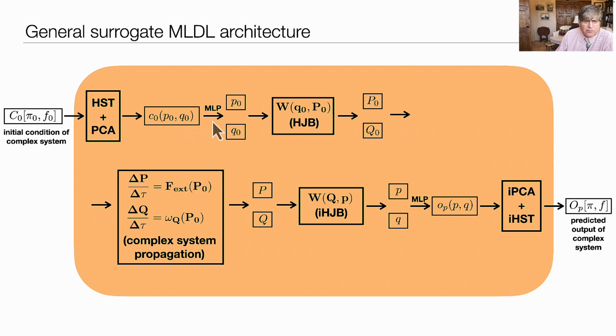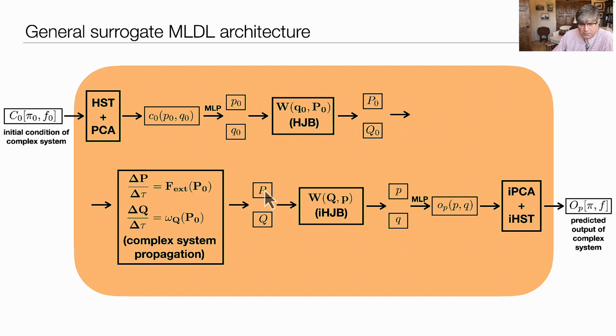You then have another MLP that extracts what the P's and Q's are from the initial condition, the initial P's and Q's. You then use this Hamilton-Jacobi transformation to get to the initial capital P's and Q naught. You then propagate these according to these simple equations of propagation, or distribute them uniformly in capital Q.